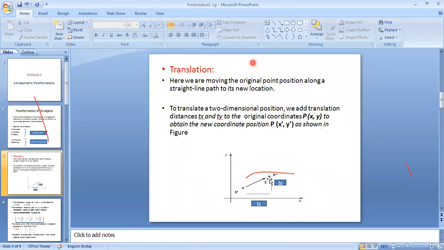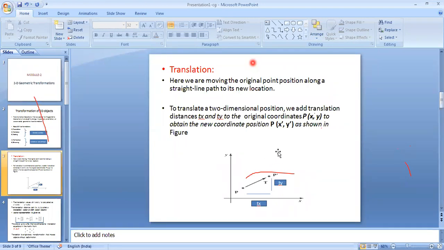That means I need to move my point from this xy coordinate to this x dash and y dash coordinate. How to do this? It is translation of a 2D object, and it is very simple.